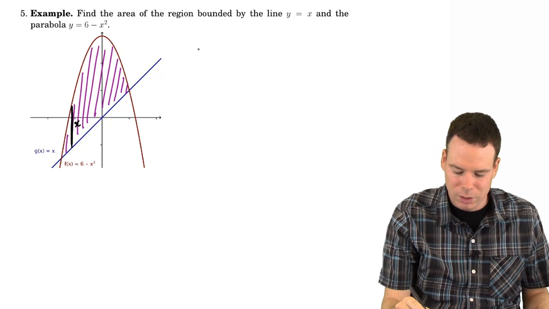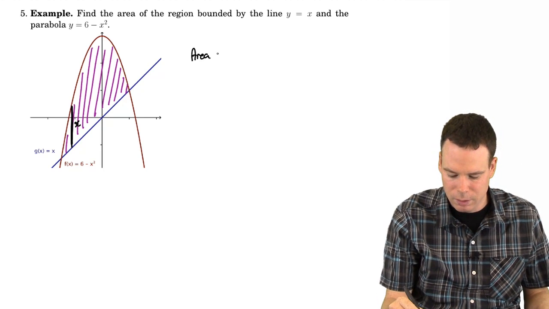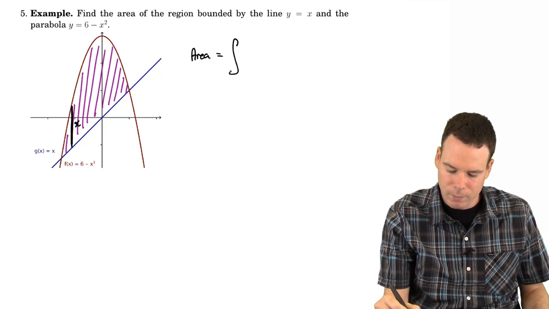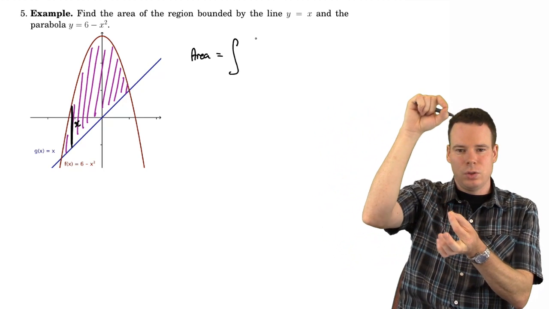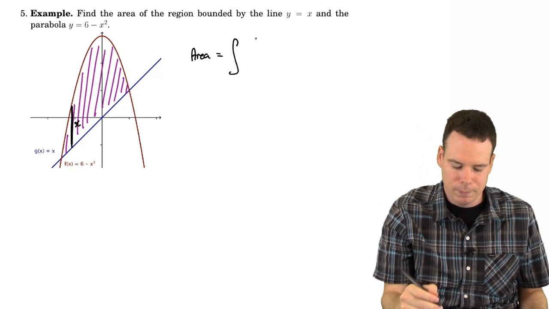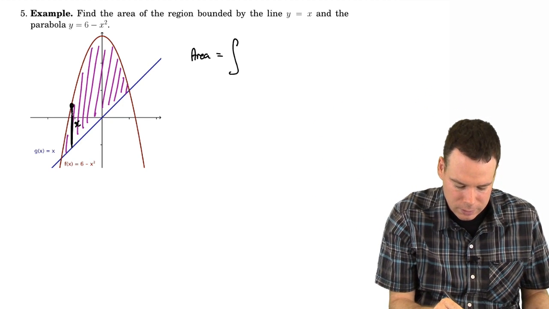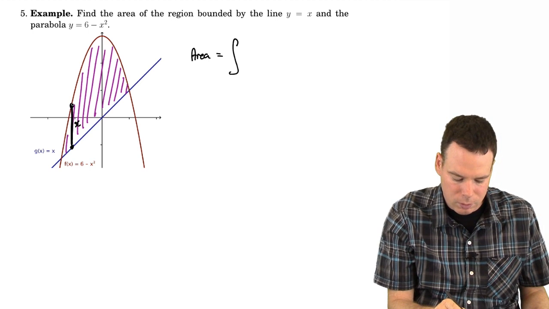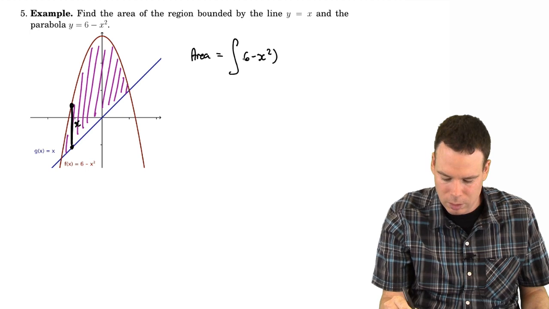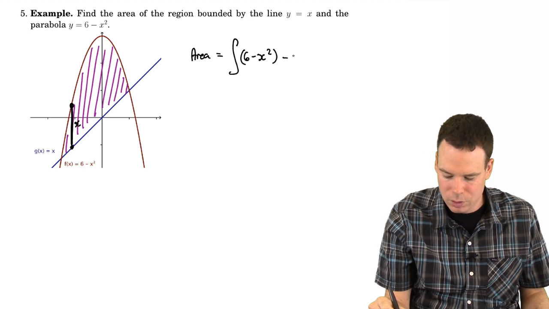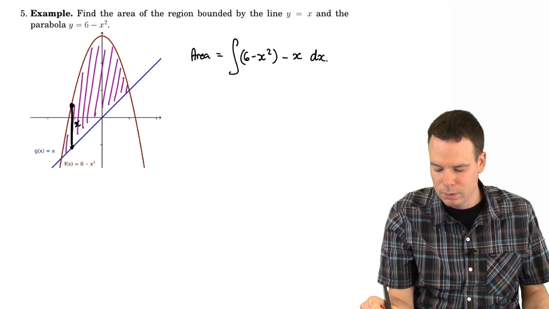How do the lengths change? So here's our area. The area is going to be the integral of the lengths of these line segments as they sweep through the region. Well, the length of the line segment is the value of the top function, which is 6 minus x squared, minus the value of the bottom function, x, dx.